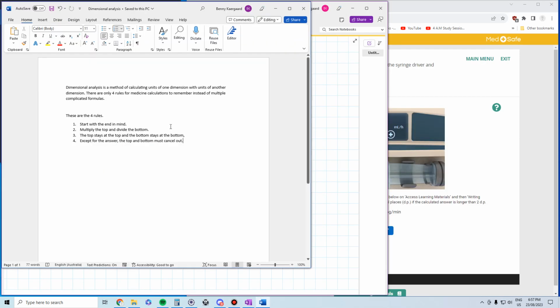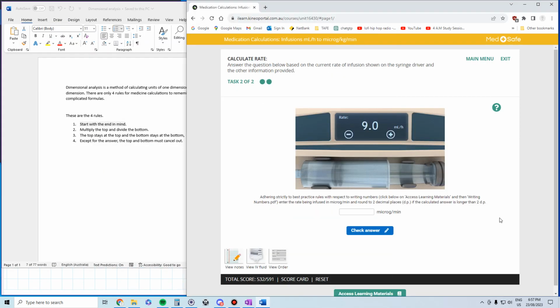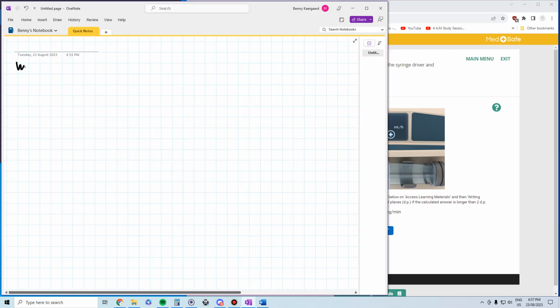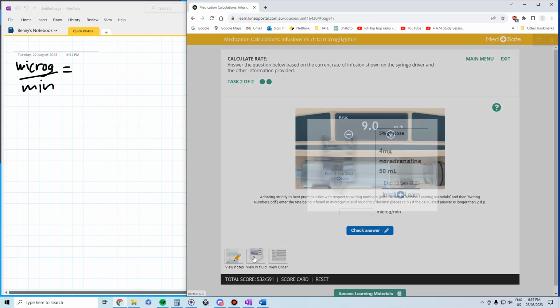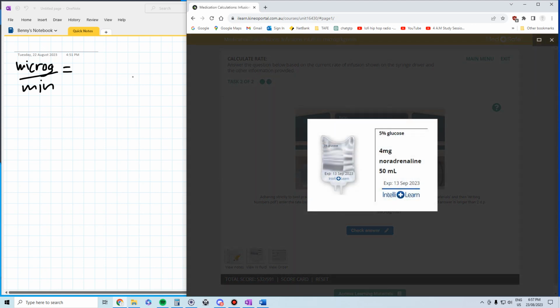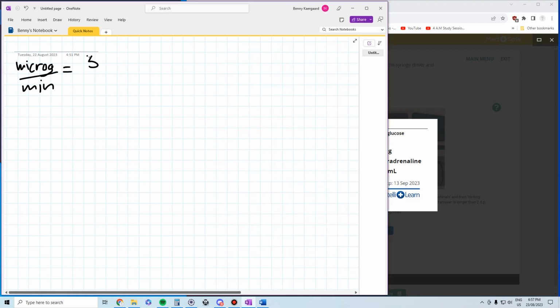So rule 1, start with the end in mind, micrograms per minute. Per minute. Bit wonky, but you get it. So I don't really know which way this is going to go, so we'll just try something and then we can change it around. Put mils up the top.